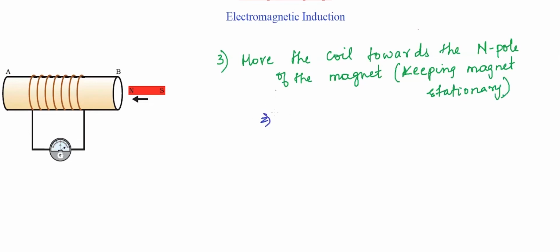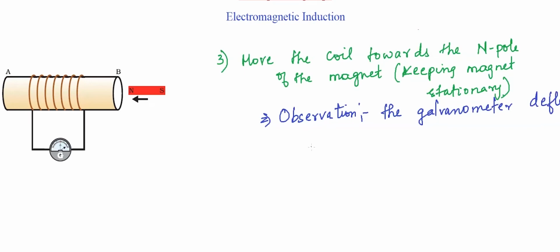Once we do the experiment, it is observed that the galvanometer deflected towards the right. The deflection lasted as long as the coil was moving, and as the coil stopped moving, the deflection also stopped.